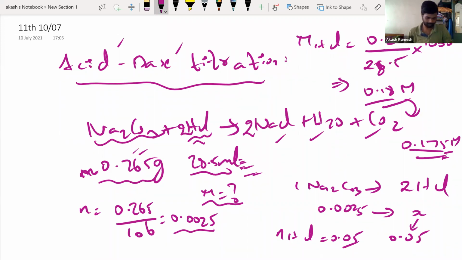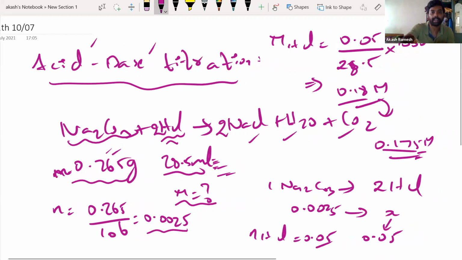Right now, an aqueous solution of 6.3 grams of oxalic acid dihydrate.